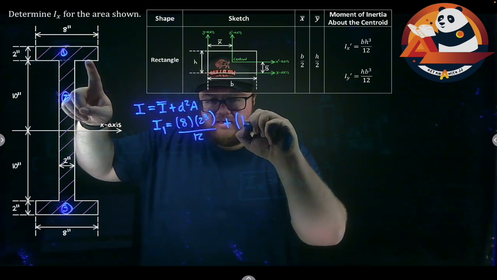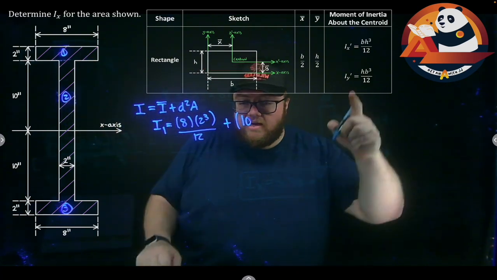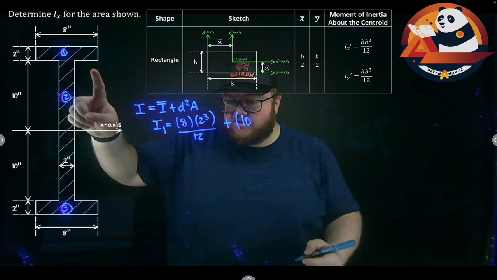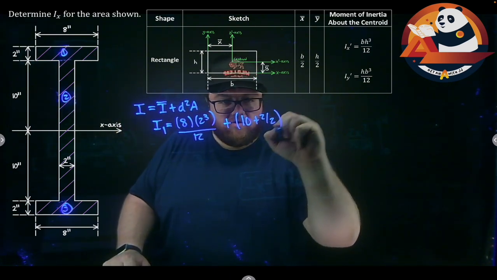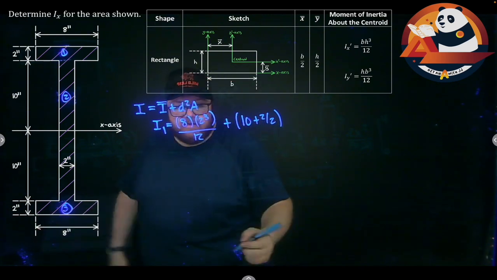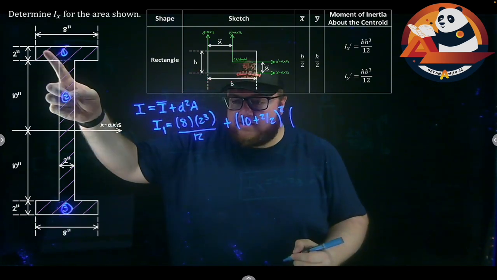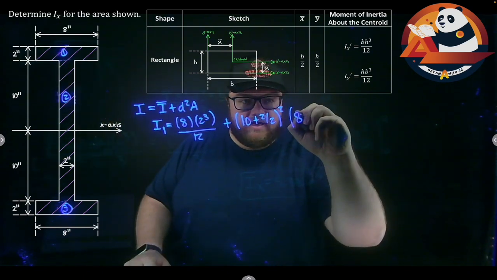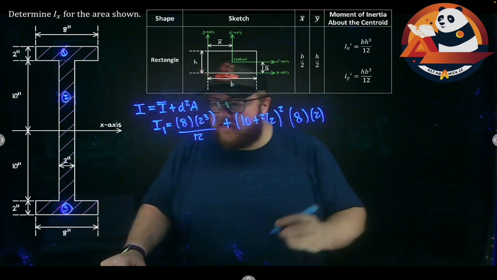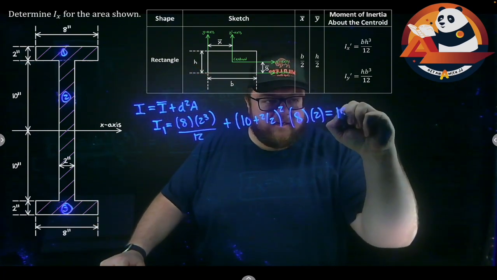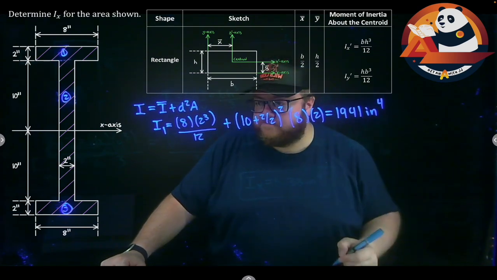So plus 10. From the beginning of shape 1, I have to go halfway in, the height over 2 to get to its centroid. Plus 2 over 2. Or my d distance here is 11. We square that and then multiply by the area. Times base times height, 8 times 2. Is going to get us that this is 1941 inches to the 4th.